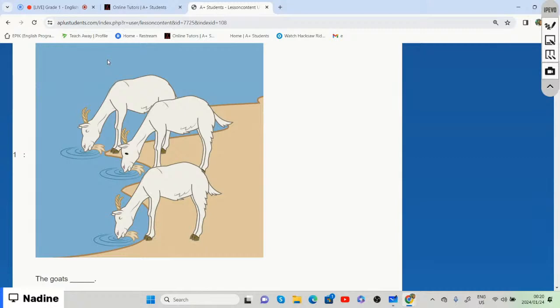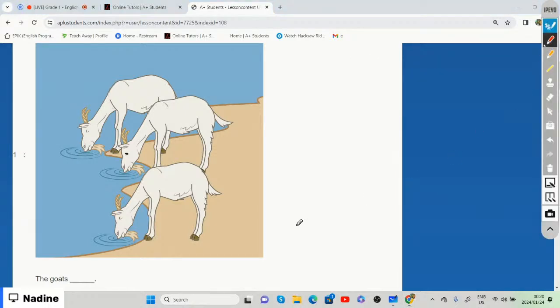If we are looking at what the goats are doing, there's three goats. They're standing at the river. What are they doing? And if we look at the action, or what the goats are doing, then we can say the goats, they are drinking.